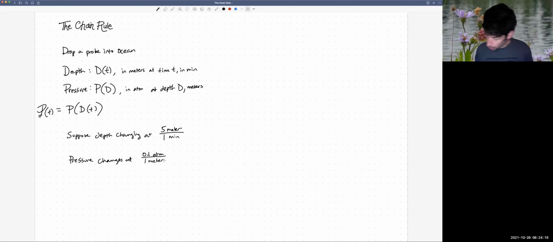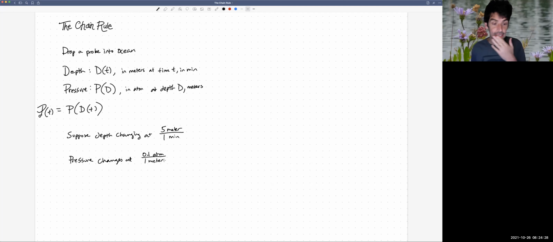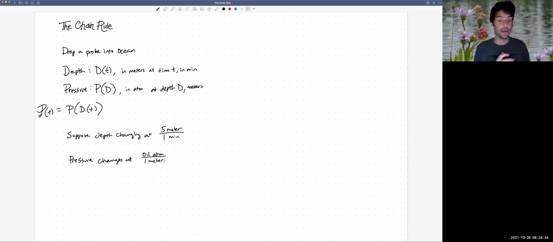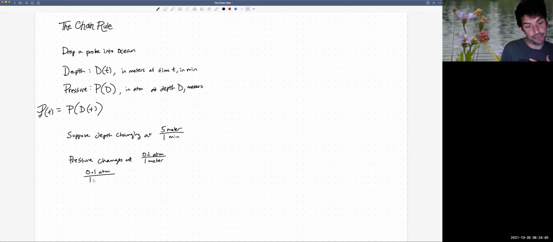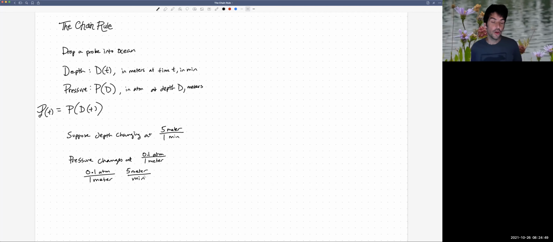So we might ask ourselves, how fast is the pressure changing per minute? So we're getting 1/10 of an atmosphere for every meter, and we're getting 5 meters every minute, what does that mean?